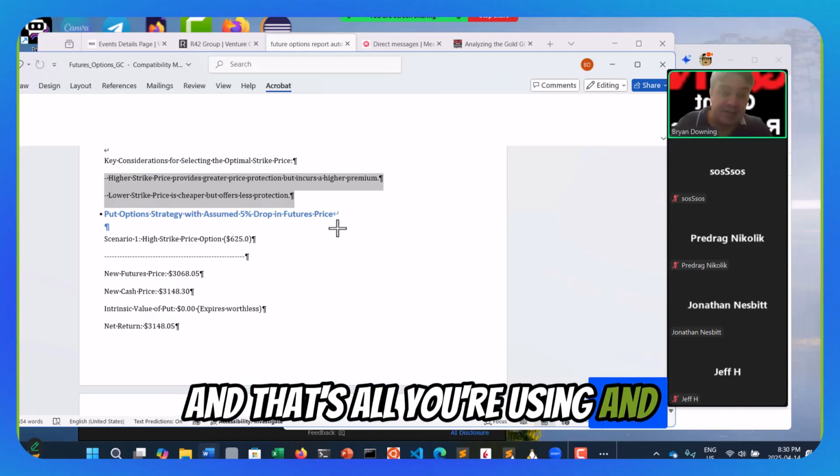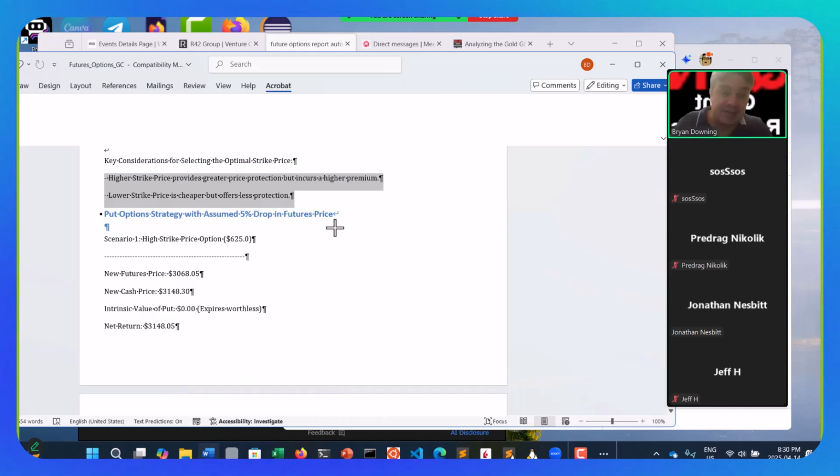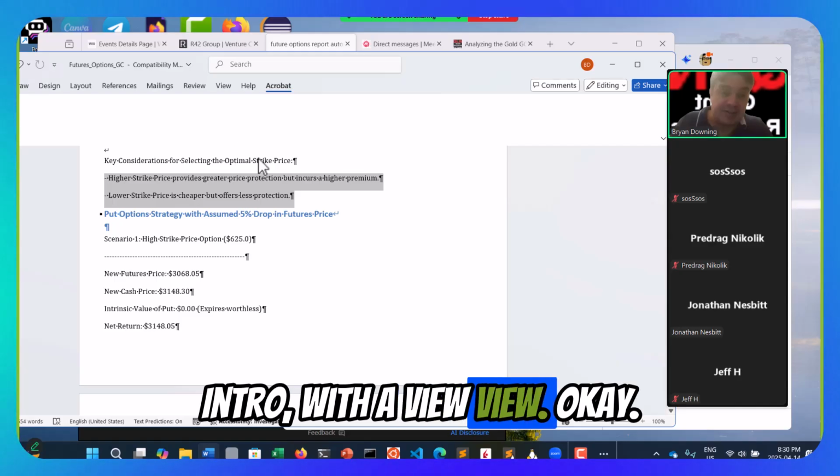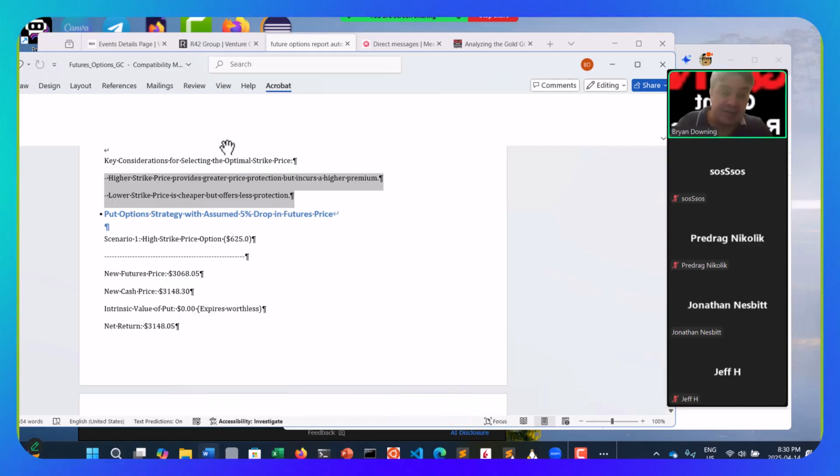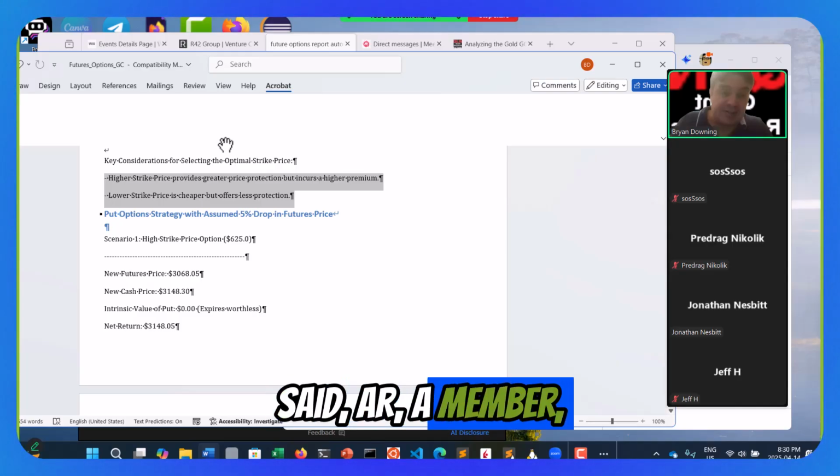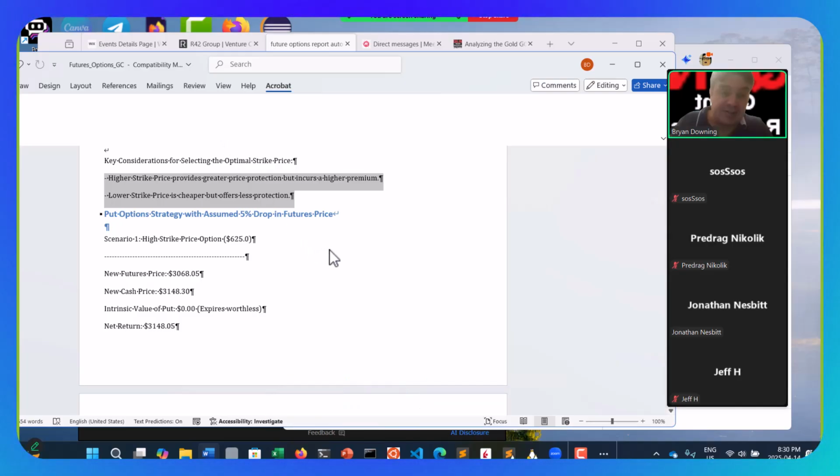That's all you're using exclusively? There's another parameter, but that's the main one. I use the VWAP also, the intraday volume weighted average price. It resets itself each day at the beginning of the day.